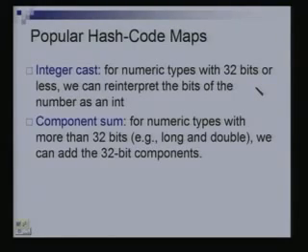If you have, let's say, a key which has more than 32 bits in it, let's say it's some real number, a long or a double which takes more than 4 bytes, then you can take it in chunks of 32 bits and add them up. So take the first 4 bytes, add to it the next 4 bytes, and so on, to get eventually some 32 bits, and that could be the integer you are working with.